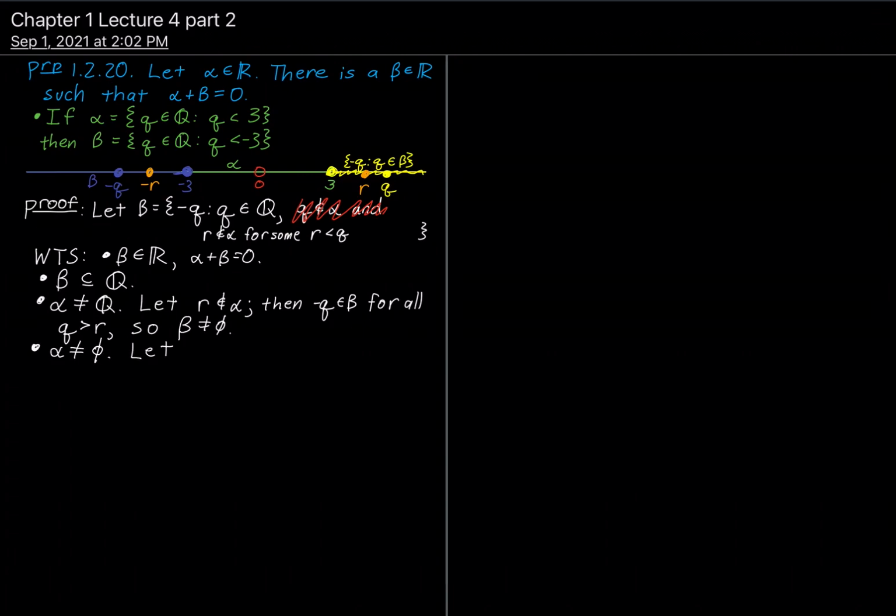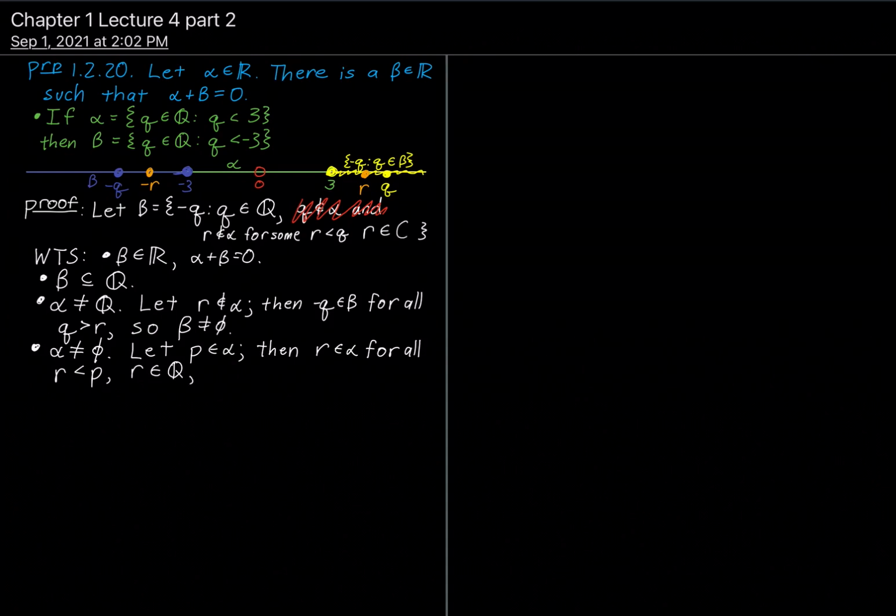We're going to let P be in alpha. Then R is in alpha for all R less than P, R a rational number.